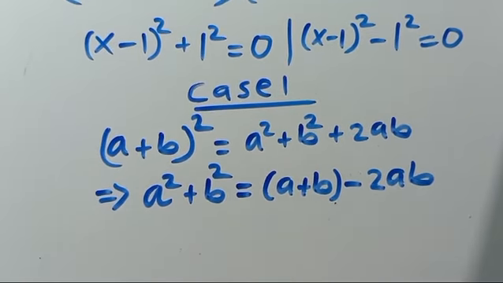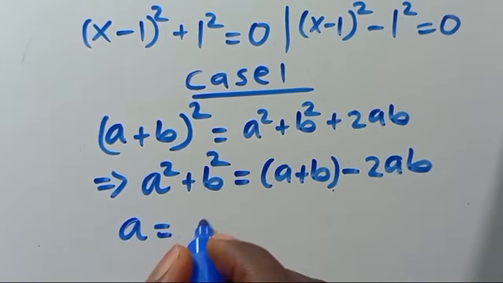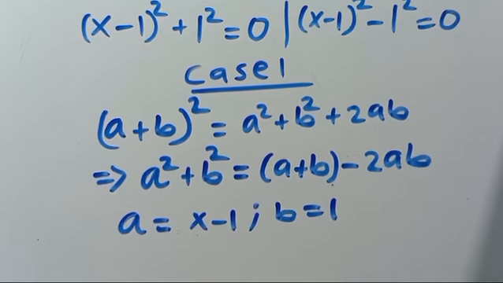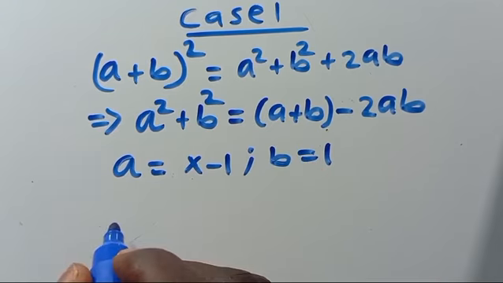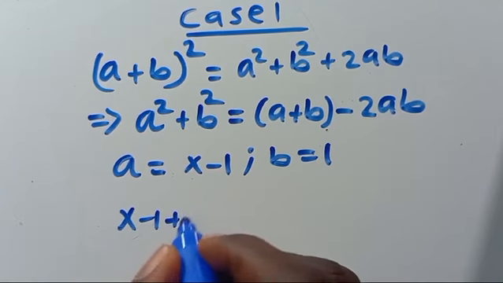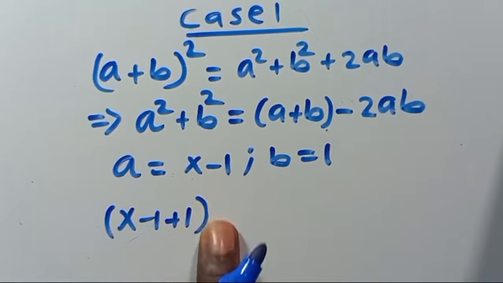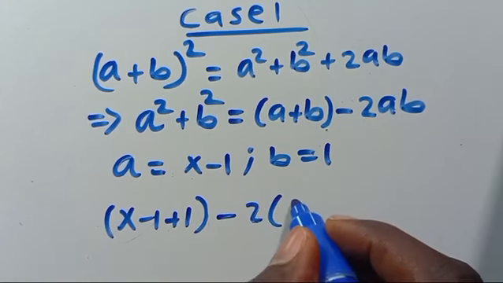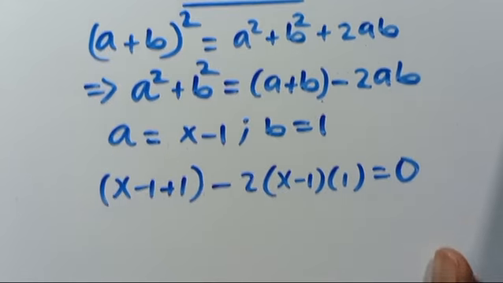So when we make the comparison of this, we will discover that a = x - 1 and b = 1. So when we substitute it here, we are going to have (x - 1 + 1)^2 - 2(x - 1)(1) = 0.